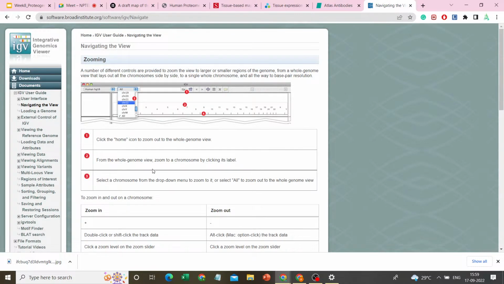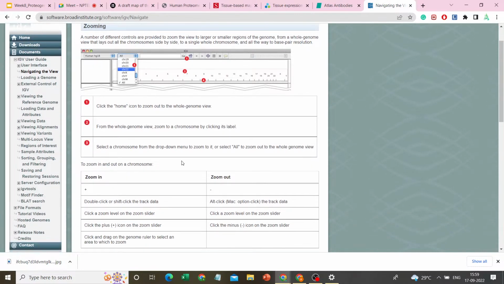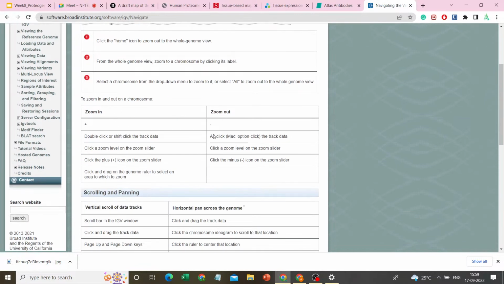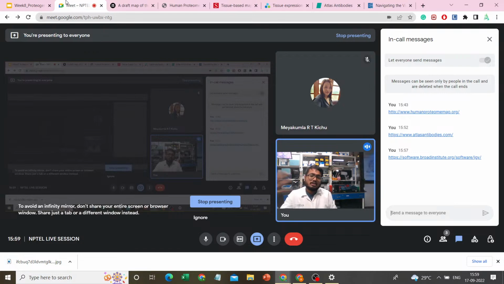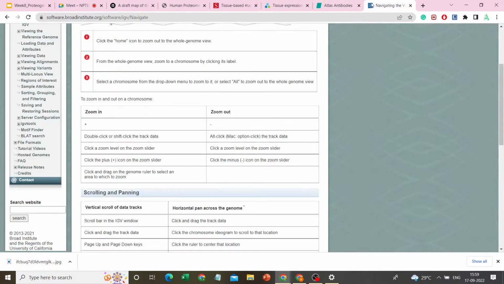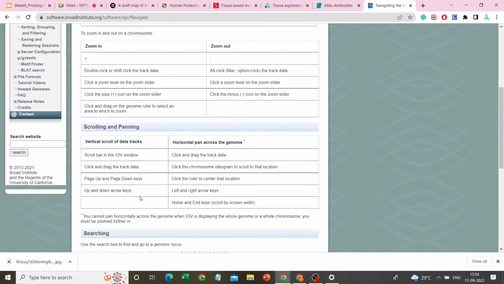So you can zoom and select your chromosome. I thought of giving this reference on how to zoom in and zoom out, so that if you are stuck somewhere you can go to their user guide and do it on your own. Double click or shift click and the scroll bar.